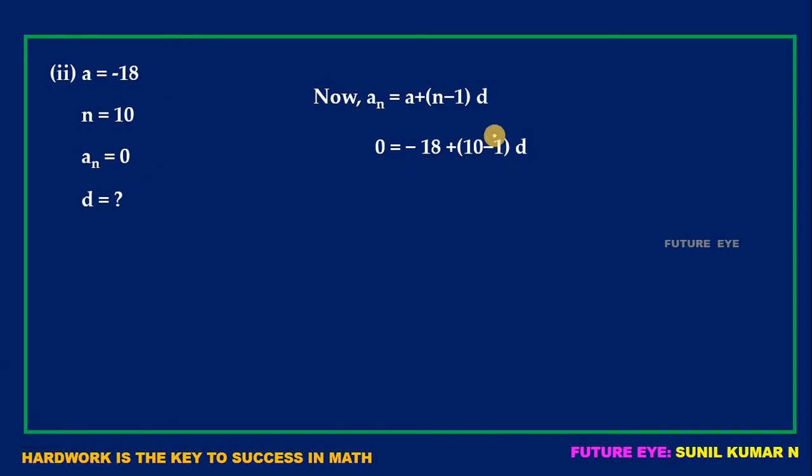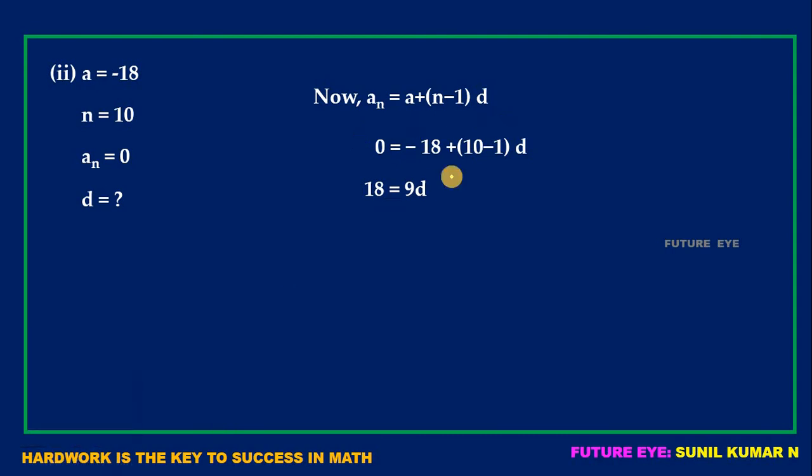Now as I said earlier, what is inside the bracket, that we have to simplify. So here 10 minus 1 is there, so it gives 9. And this 9 multiplied by D, we get 9D. And this minus 18 transferred to this side, we get plus 18. I mean this 18 equals 9D.